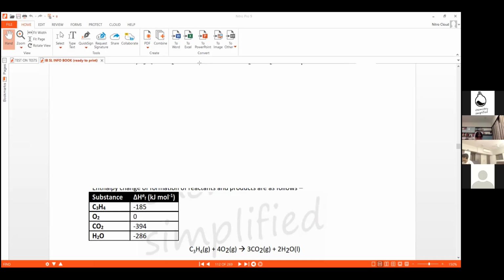As I said last time, the Hess's cycle is basically a triangle. The triangle will have 3 sides and 3 corners like this. Here you write the reactants of the reaction, meaning these.